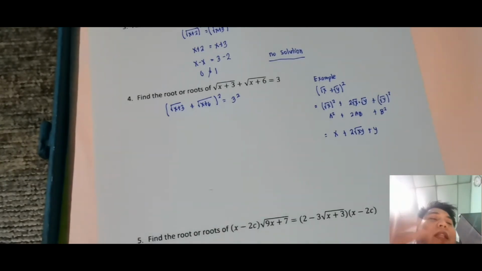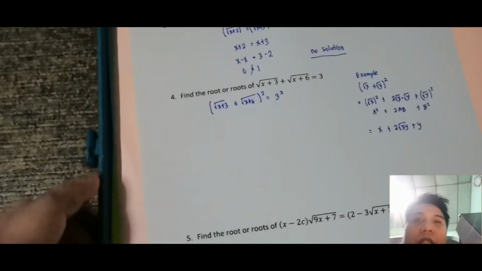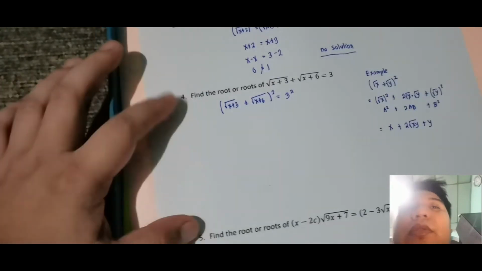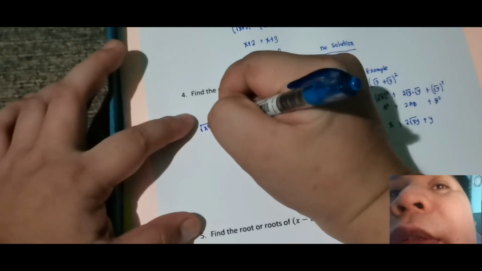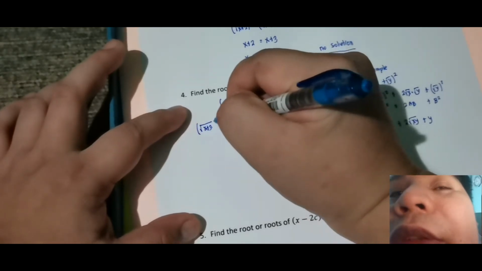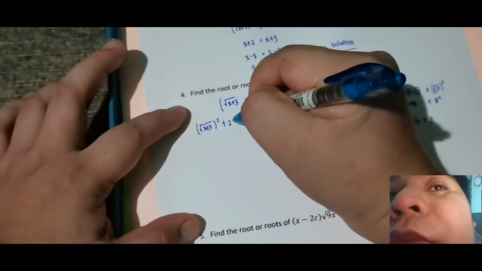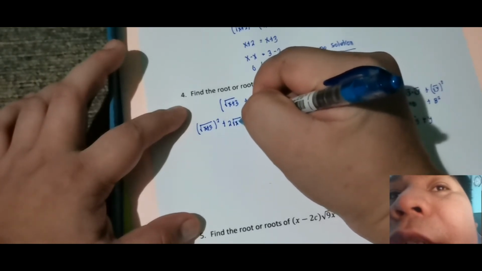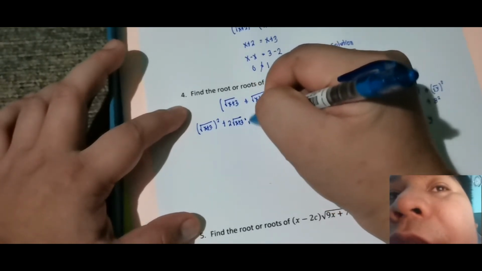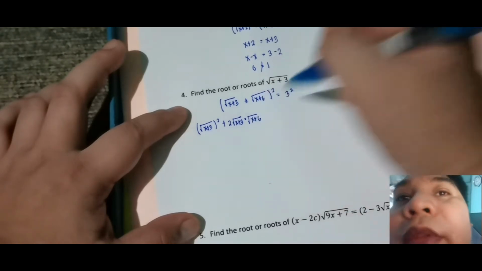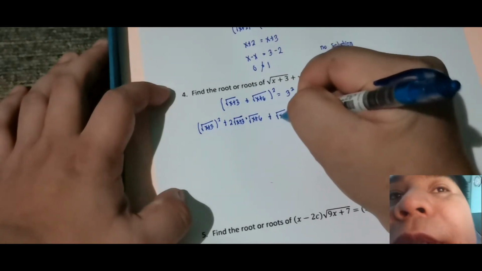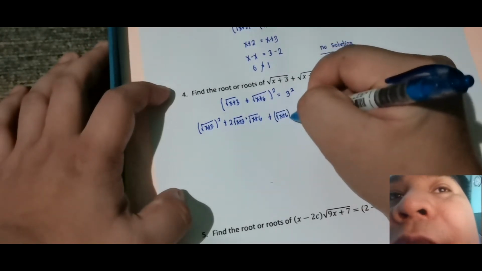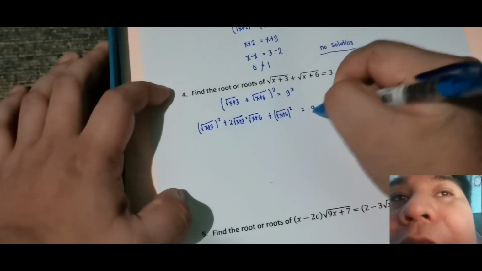At tatanggalin na naman natin yung square root na yun by the process of squaring both sides. Okay? So, proceed tayo dun sa gagawin natin. Ito yung a, ito yung b. So, meaning, this is square root ng x plus 3 raised sa 2 plus 2 square root ng x plus 3 times square root ng x plus 6, a squared plus 2ab, plus square root ng x plus 6 raised sa 2 equals 9.